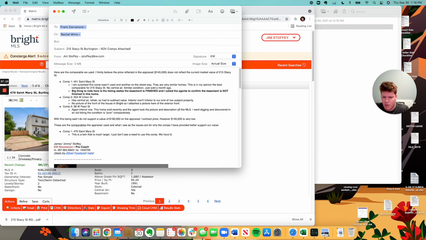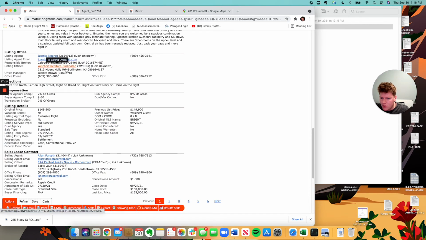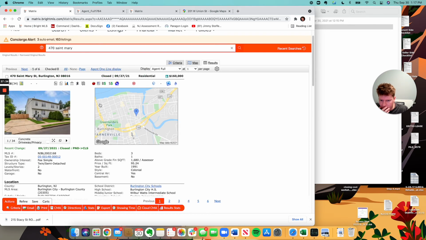We have better, more reflective comps as noted above. $1,000 concession on credit, multiple offers, owner pays $200 a month for homeowners and flood insurance, central air has been replaced.